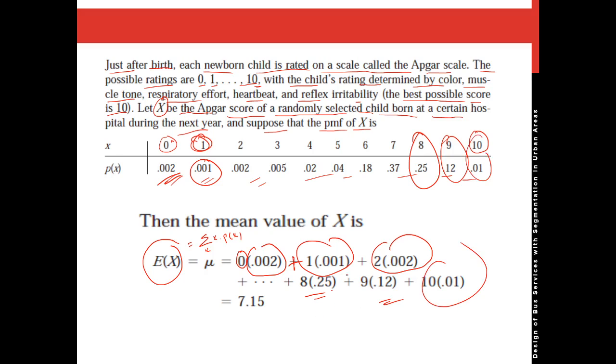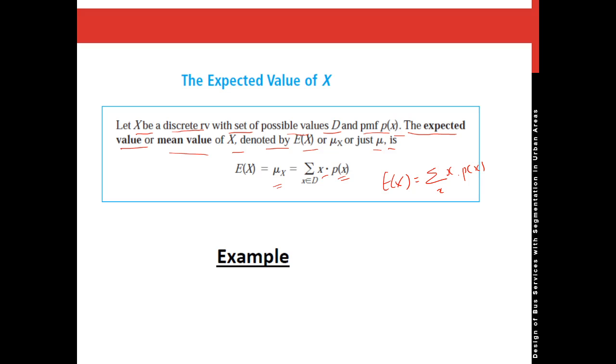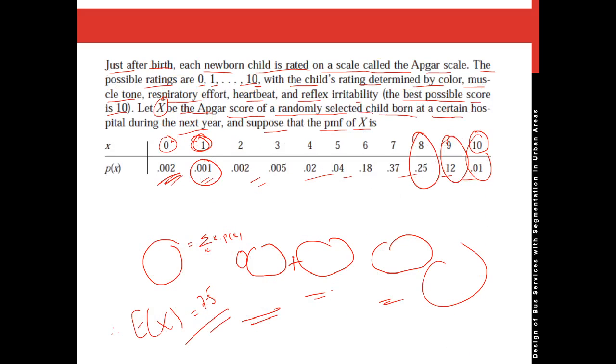If you multiply and add all these, you will get 7.15. Therefore the expectation or mean of the random variable is 7.15. So this is very easy. Okay, so that is all about mean. Here we defined what is mean, and we went through an example.